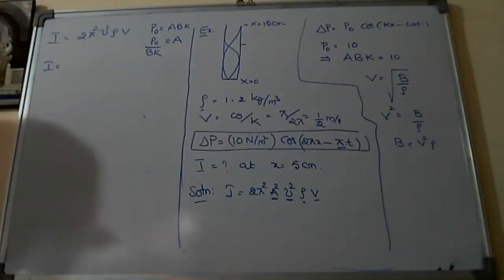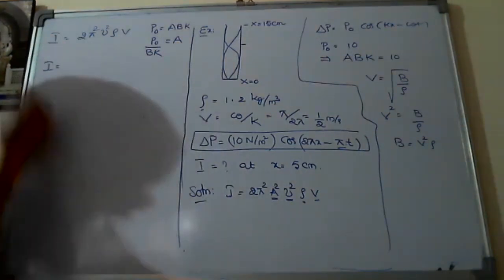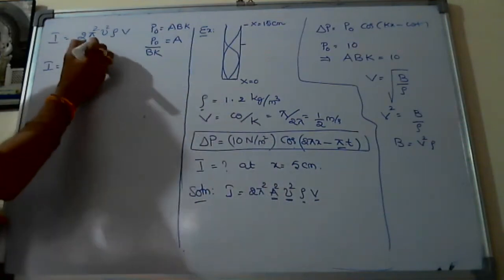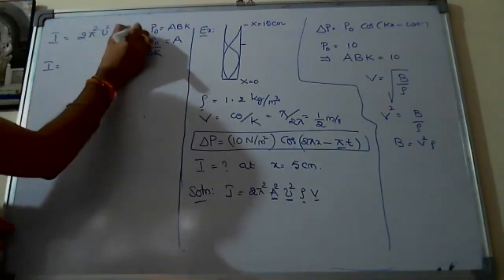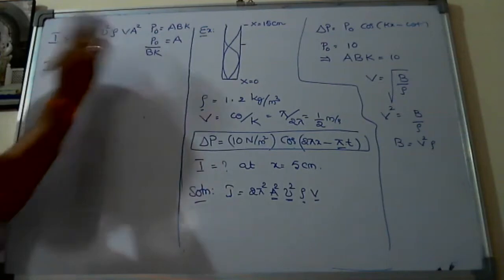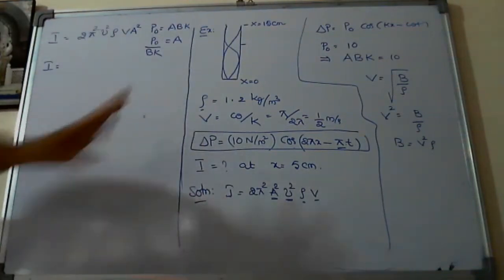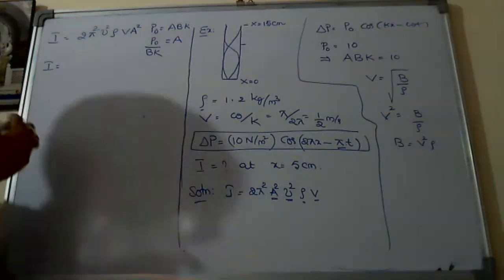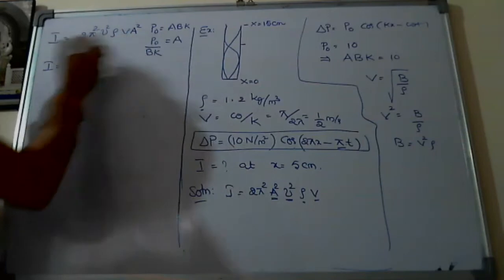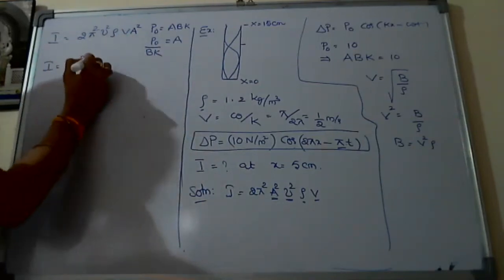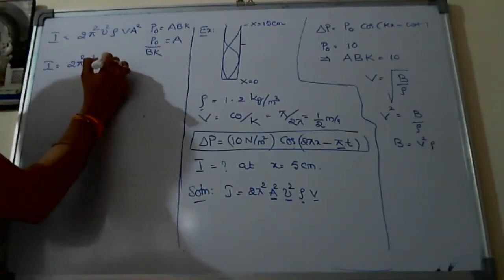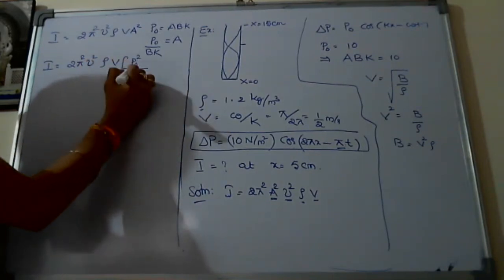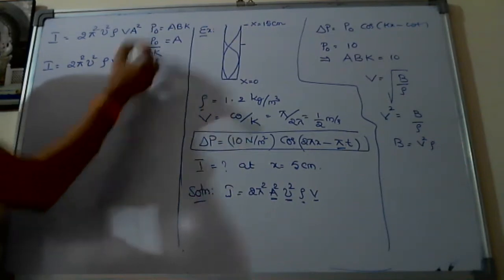So here, from the original formula 2 pi square A square mu square rho v, I'm going to eliminate A finally from the equation. Instead of A, P naught by B K. So I will get 2 pi square mu square rho v into P naught square by B square K square in place of that.